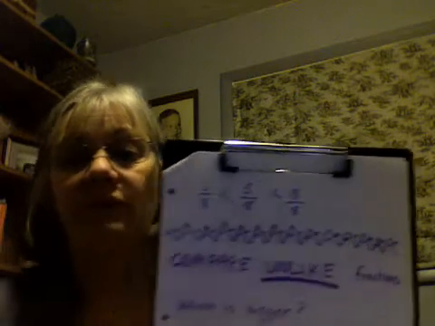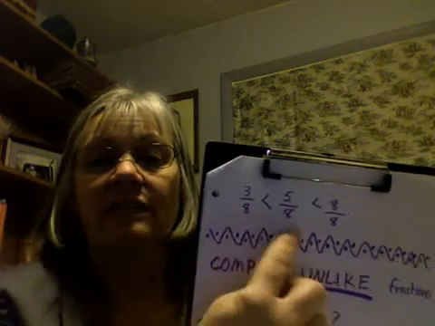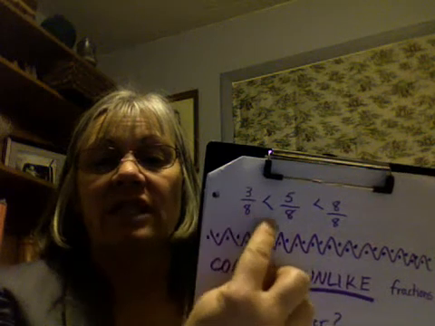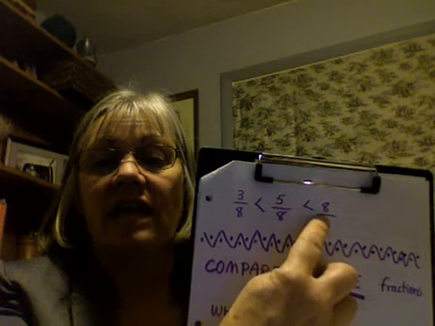You can also put them in order according to how much of the whole they represent. Using less than symbols with the eighths, the model from the previous page, they would look like this. 3/8 is the smallest. It's less than 5/8, which is also less than 8/8.